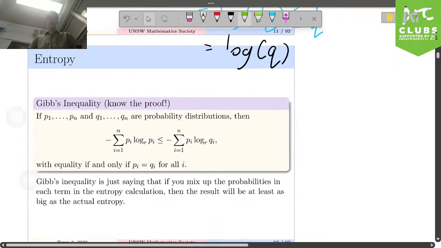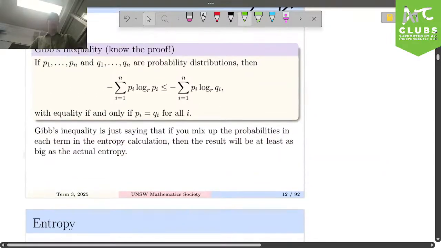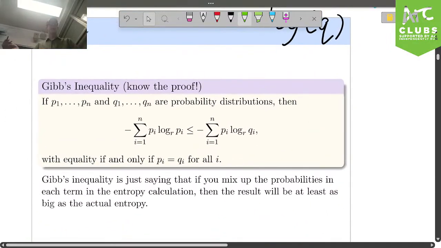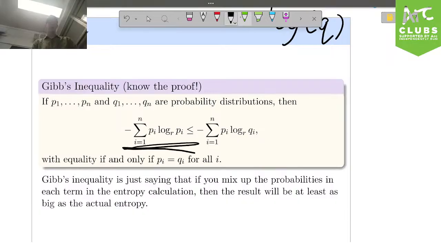If I remember correctly, this next theorem is what is used to prove that maximal entropy theorem. It's called Gibbs inequality, which, if I remember correctly, is proved using a Taylor series expansion of the ln. What it's essentially saying is that if we look at our entropy function and replace the probabilities in the logarithms with another distribution of probabilities, q1 through to qn, then the entropy would be strictly larger.